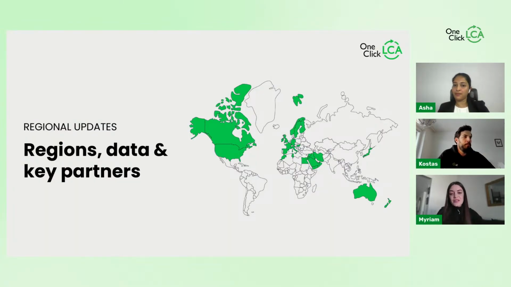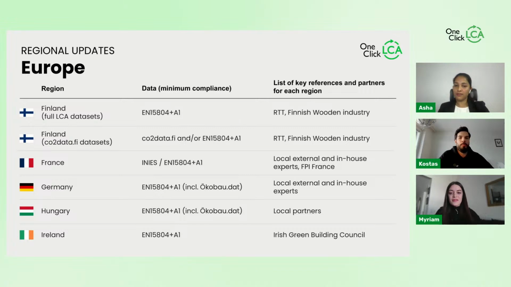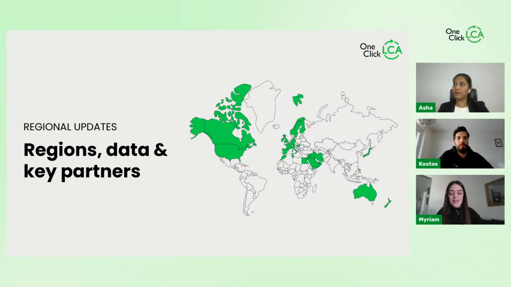Thanks, Asha. As we're always working to enhance Carbon Designer 3D, our focus on regional expansion is key. For that, we try to ensure compliance with local building regulations for energy efficiency and environmental standards.